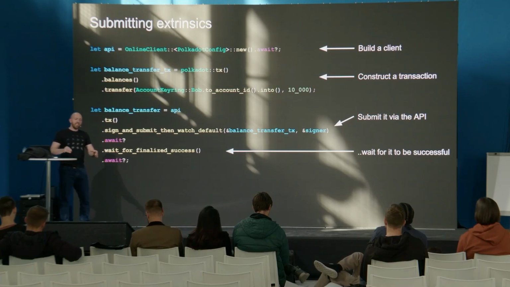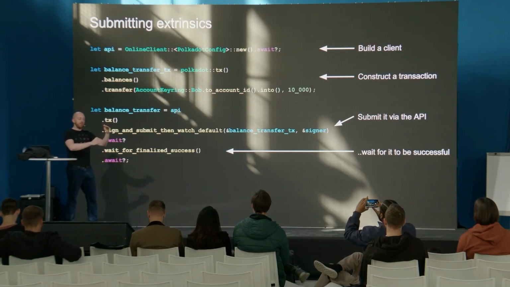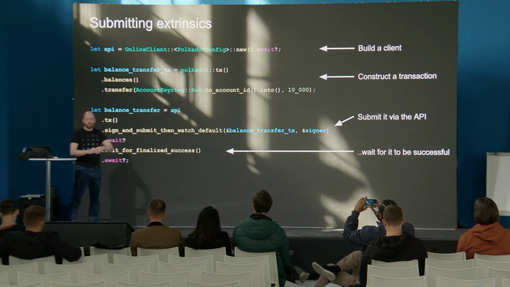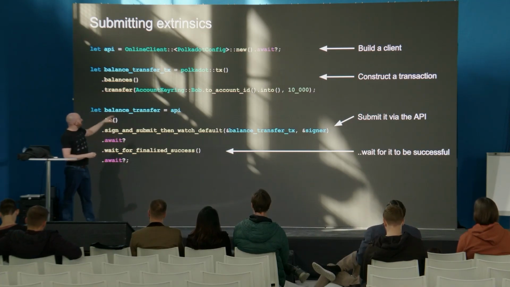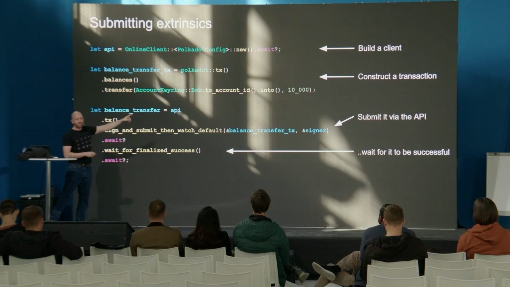Submitting extrinsics is sort of similar, a little bit more complicated because there's a bit more to it, but again, you create a client, you build a query, or in this case, a payload for the extrinsic I want to submit. In this case, I'm building a balances transfer extrinsic, and I'm saying I want to transfer Bob 10,000 DOTs.